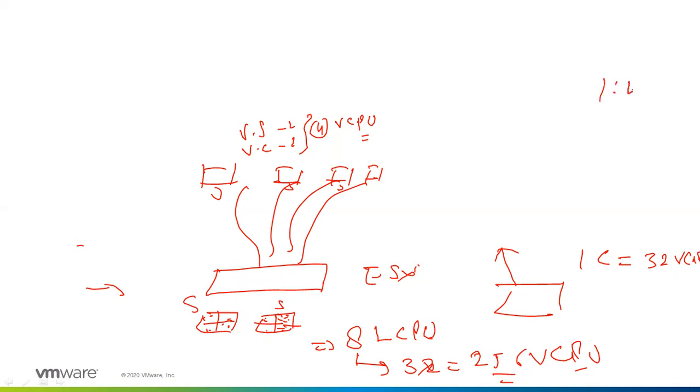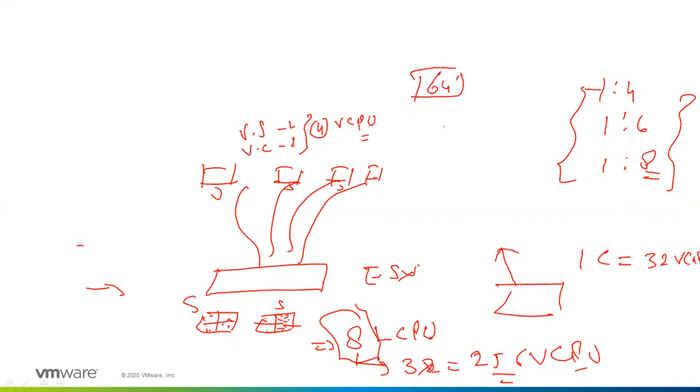This ratio can be taken as 1:4, 1:6, 1:8. If I say 1:8, you are able to provision totally 64 vCPUs.